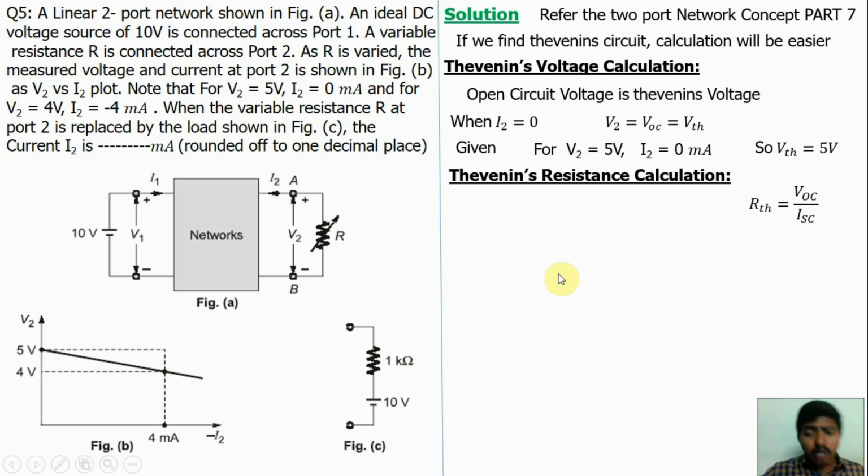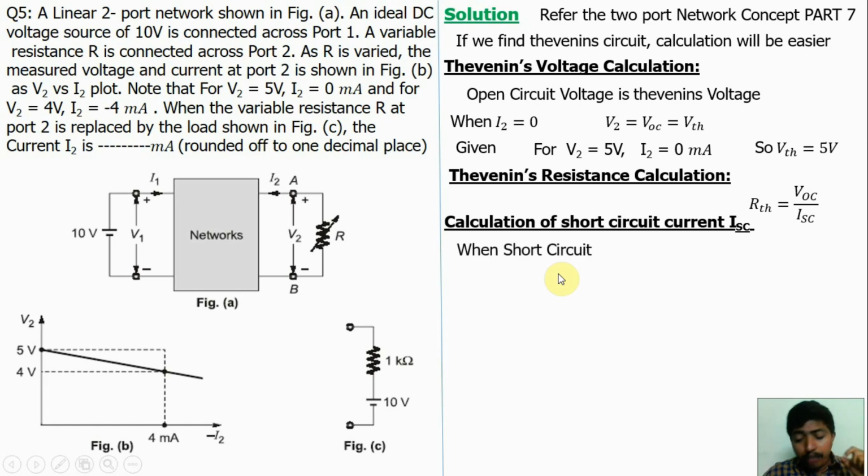At the short circuit condition, load voltage V2 is equal to 0. So when V2 is equal to 0, that is short circuit. When V2 is equal to 0, that means short circuit condition, the value of I2 is equal to the short circuit current. So we have to find I2 when V2 is equal to 0. Okay. How to find? You may use the line relations. Two points are given, we can find the line equation, and from it we can find it.